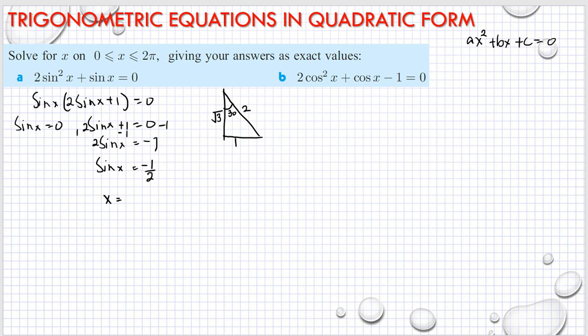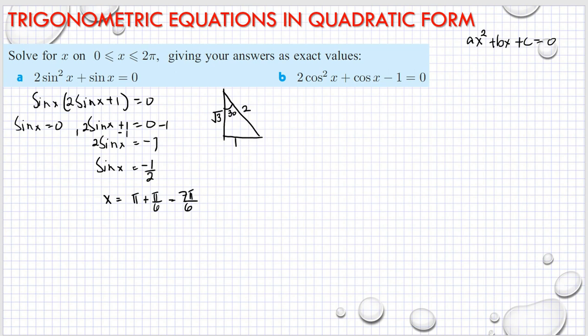That means it is in the 3rd quadrant and 4th quadrant. In the 3rd quadrant, we have pi plus pi over 6, and then we have 7 pi over 6.